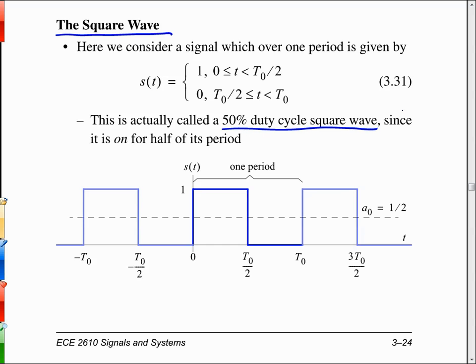And duty cycle, in the terms of power systems or anything you might visualize out there in a shop environment, is exactly that. You're making the waveform be high for half the time and be low for half the time. You're having the light bulbs on for half the time, off for half the time. So the duty cycle is 50%.